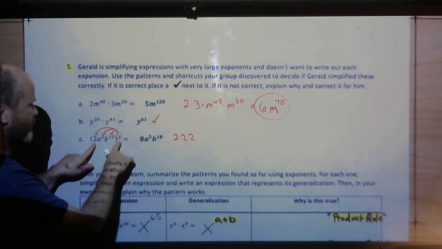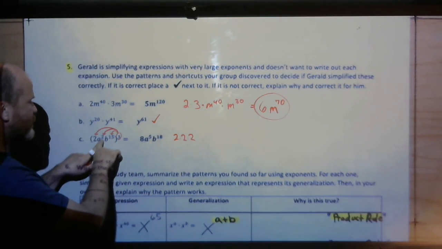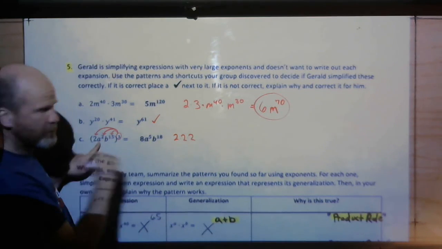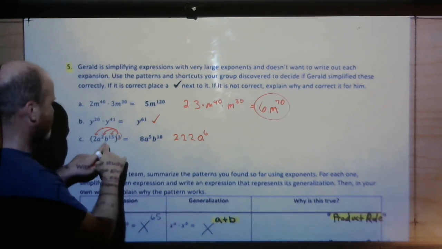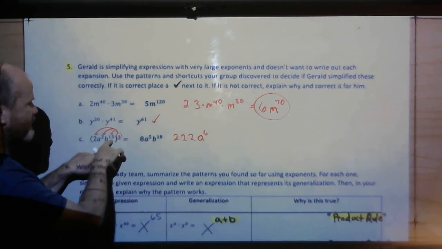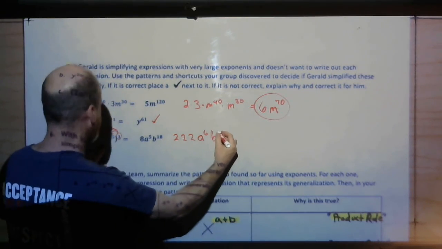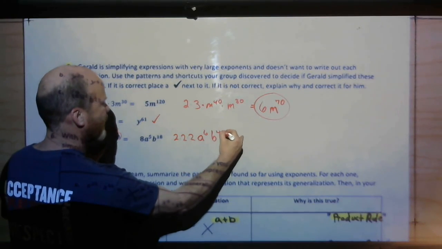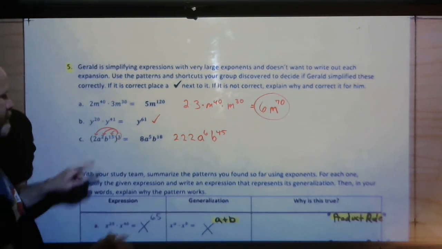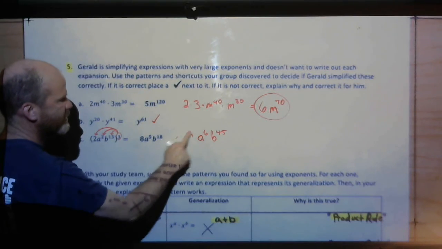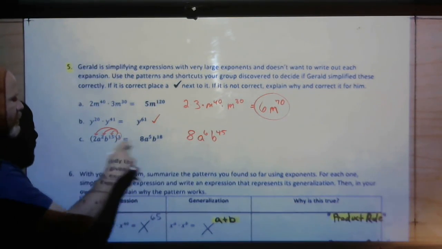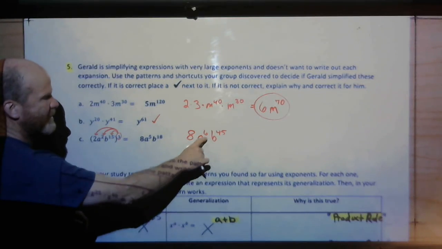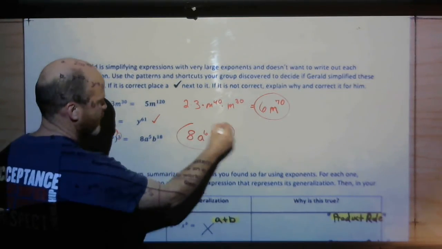That works, it's 2 to the 3rd power. A squared, he added them. We have to do multiplication. So really what we're looking for is we need a to the 6th, and then 3 times 15 would be b to the 45th. So let's change this 2 times 2 times 2, which is 8. Our simplified version here would be 8a to the 6th power, b to the 45th.